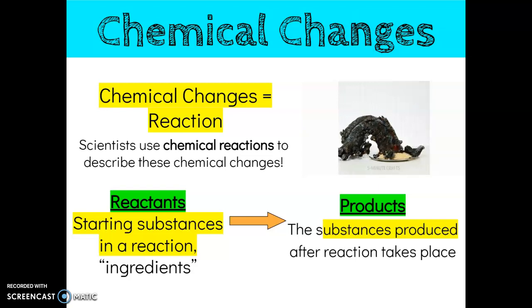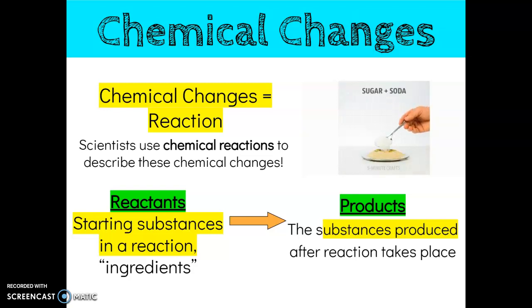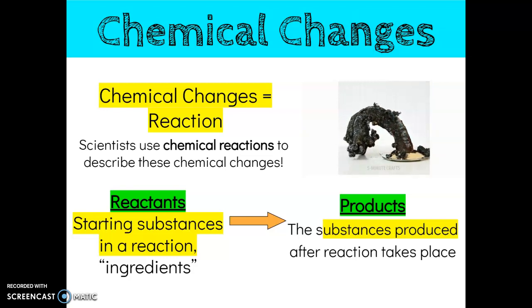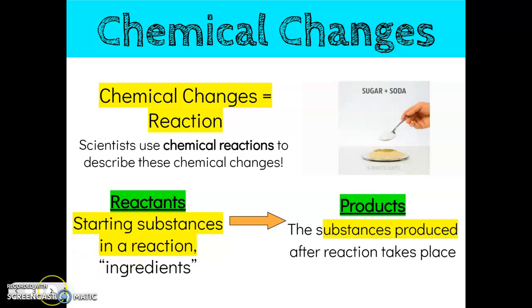On the right-hand side, we have the products. So these are the substances that are produced after the reaction takes place. So the reactants go in, the products come out. Okay, reactants always on the left, products on the right.